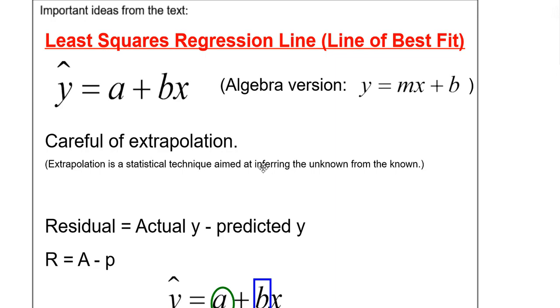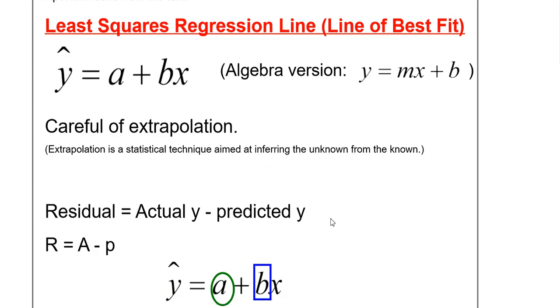We just have to remember that the further we go out from our data, we have to be careful of extrapolation. Would it be a good fit? Would it not? Should it be trustworthy, less trustworthy, and so on? The residuals come from the actual y value that we collected in our experiment minus the predicted value from our line of fit equation.